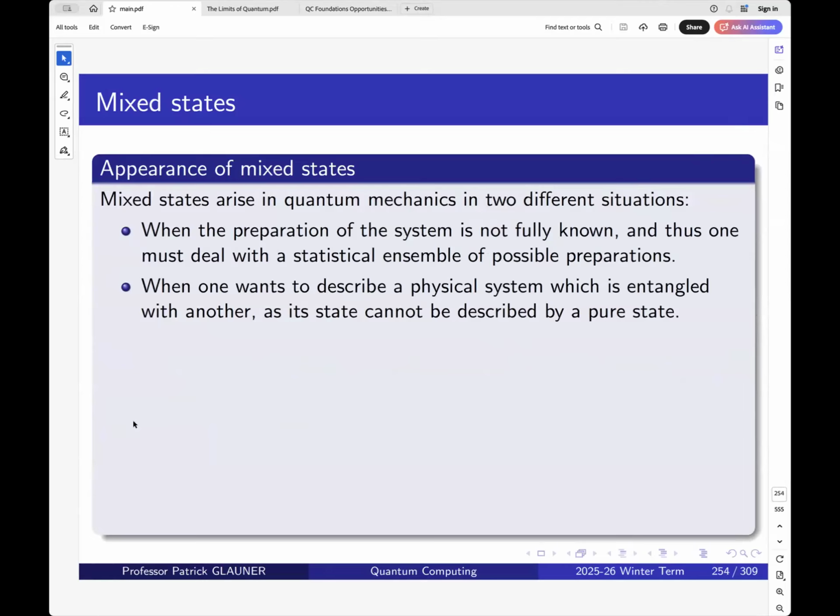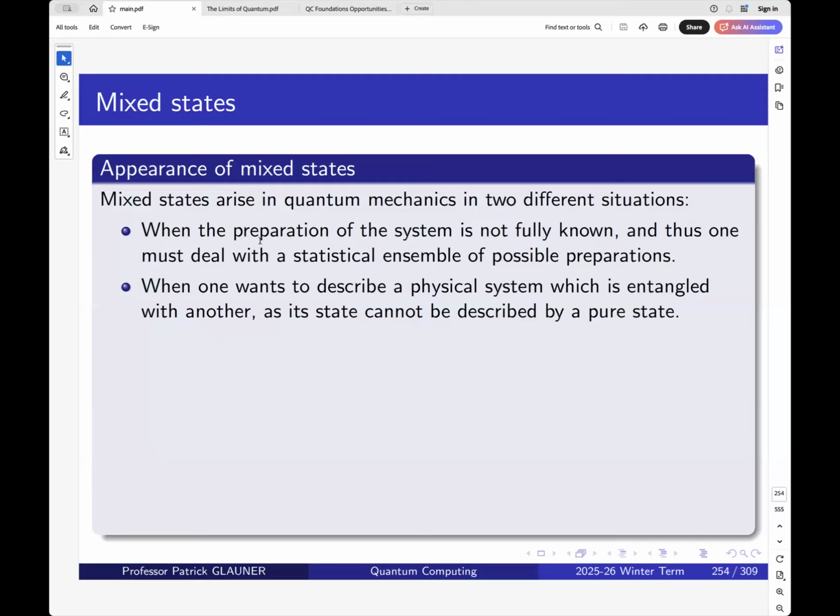Now, some examples of when mixed states could appear in quantum mechanics: there are two common situations. For example, when you prepare the system and this preparation of a system is not fully known, then you must deal with a statistical ensemble of possible preparations.